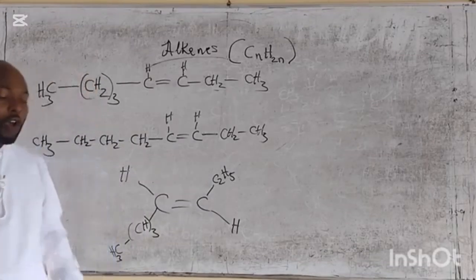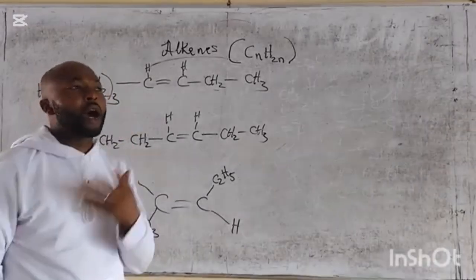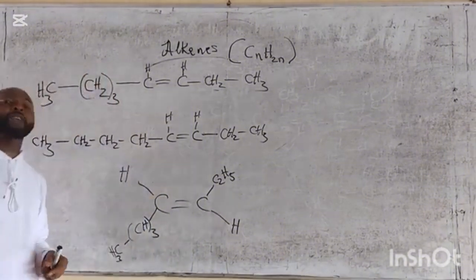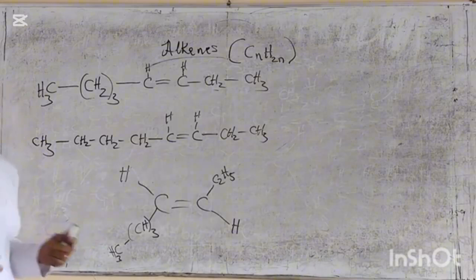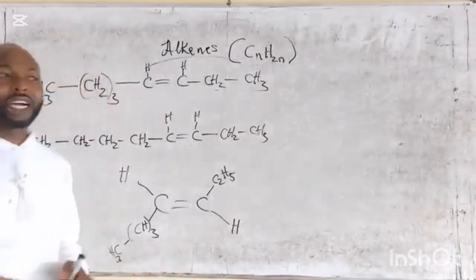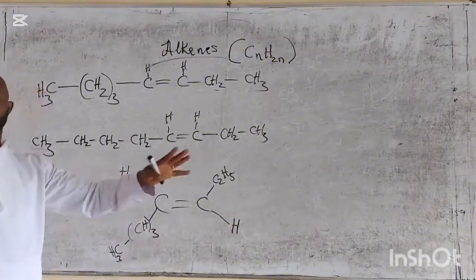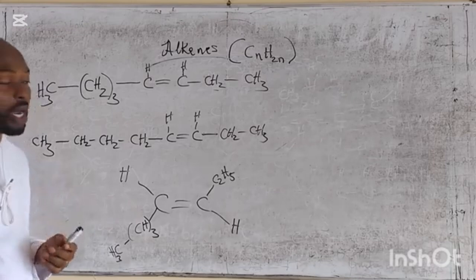Now, for a compound to be able to rotate plane polarized light, it must have what we call the chiral center, otherwise called the chiral carbon. The chiral carbon is that carbon that is having 4 different substituents. They are not the same again. So now what are we talking about? We're talking about optical activity.